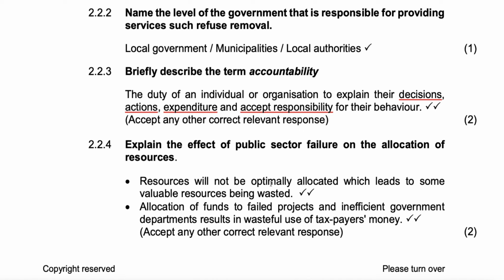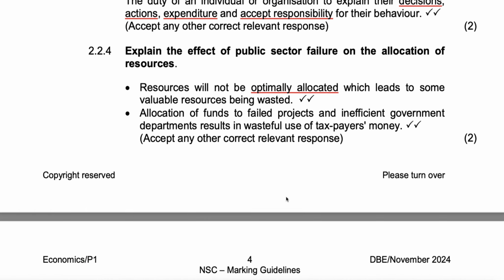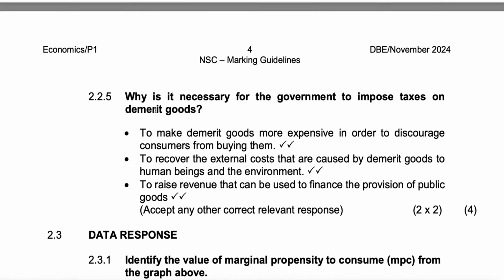Explain the effects of public sector failure. Resources will not be optimally allocated, which leads to valuable resources being wasted. Allocation of funds to failed projects and inefficient government departments results in wasteful use of taxpayers' money. Then accept any other relevant responses. So, like I was saying, DESA.